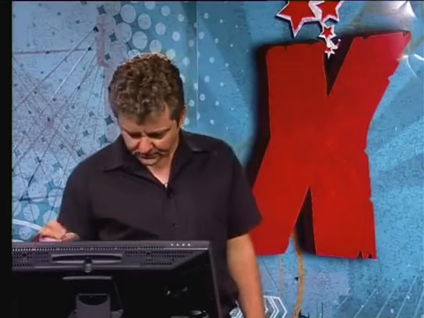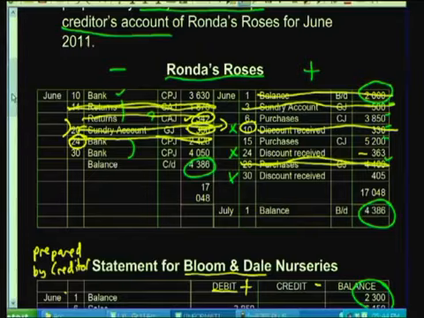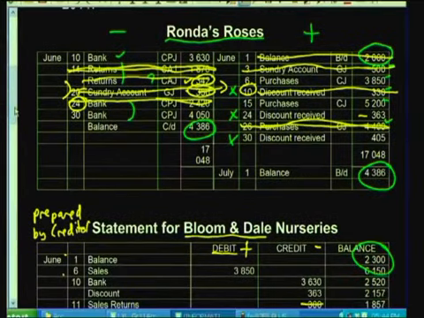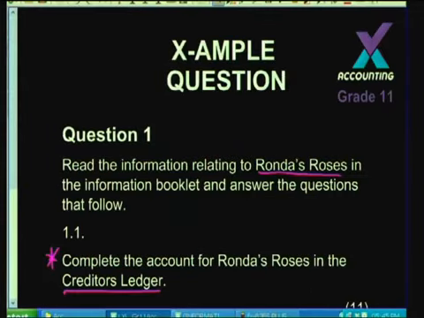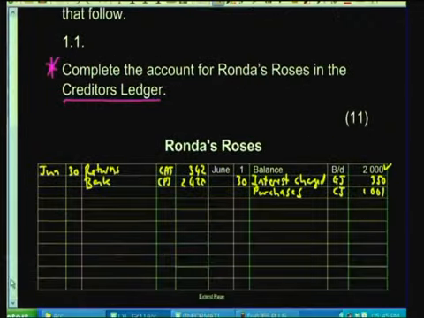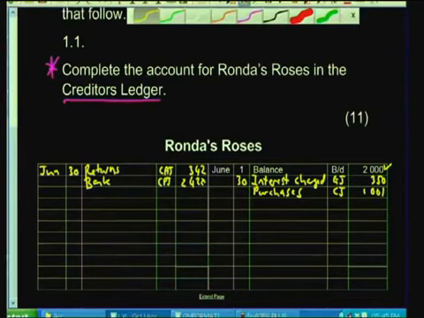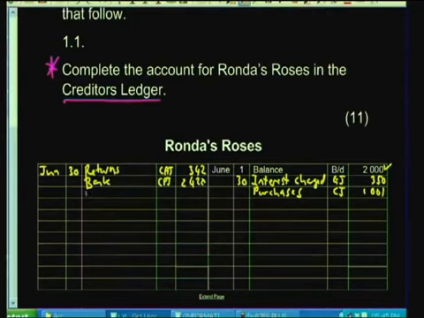So let's have a look at comparing the general ledger here with the statements. And you'll see here, here's the first payment that we haven't dealt with yet. It's 3,630. They've told us that this 3,630 Rand is correct, so I'm just going to fill it in here. Remember, it was in our bank account, so I'm going to make an entry here as I should, which is bank.